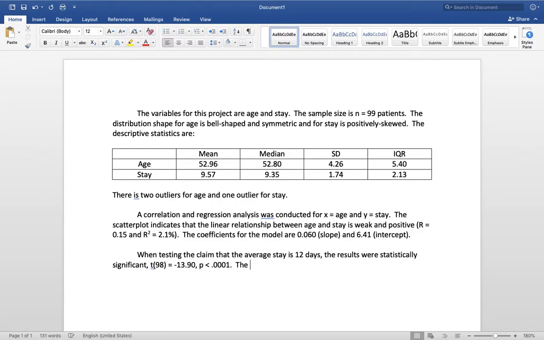Then you would say the 95% confidence interval, which we did the week before, is 9.23, comma 9.92. Guys, that's it. That's all you need.